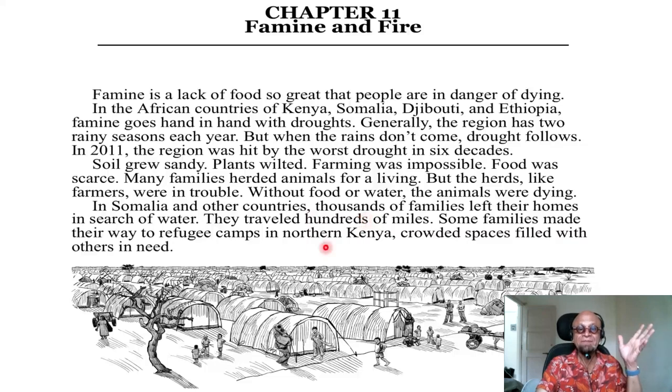In Somalia and other countries, thousands of families left their homes in search of water. Imagine how bad the situation is, that they cannot even continue to stay on. They have to move to find water. And this has happened throughout our evolution.